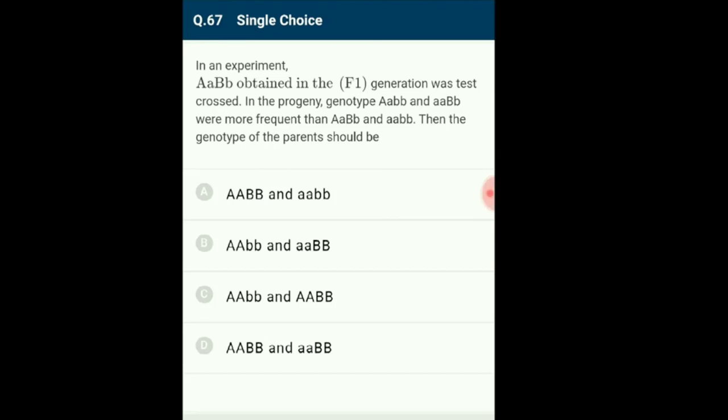Since Ab and aB are more frequent, it means in the parental condition dominant and recessive alleles are present together. In the parental condition, Ab and aB are present, representing the trans condition of linkage. So the answer for this question is option B, Ab and aB.